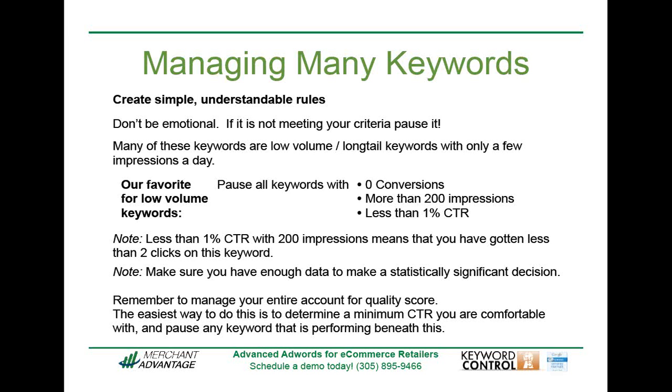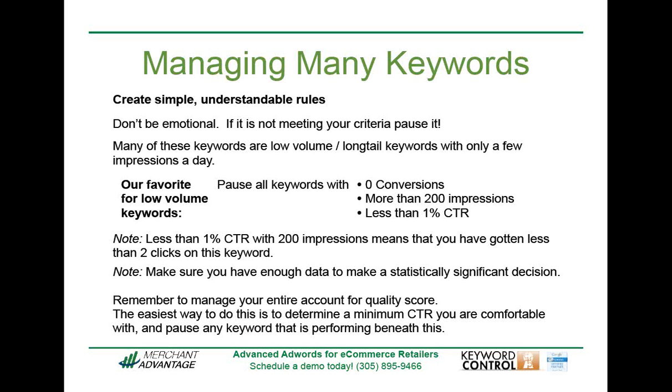Google isn't going to show impressions for all of our keywords in our entire campaign. So the example that we use is less than 1% CTR with 200 impressions, which means that you've gotten less than 2 clicks on this keyword. And whatever rule you're using, make sure that it's statistically significant. It's very difficult to do that with low volume, but just use common sense or use our rule.